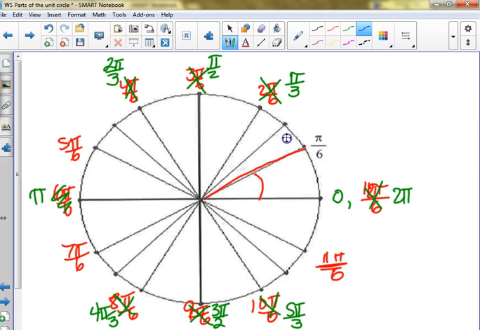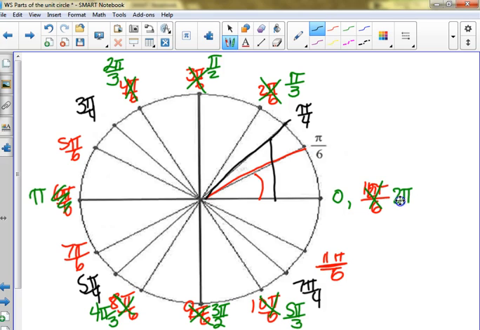Anybody know what pi over 4, or 45, is? It's pi over 4. That was pretty tricky of me, huh? Okay. If you know this one, then you count every multiple of that size. So there's 1 pi over 4, 2 pi over 4. Is that a half? 3 pi over 4. 4 pi over 4, which is 1. 5 pi over 4. 6 pi over 4, which we already did. 7 pi over 4. 8 pi over 4 is 2 pi.